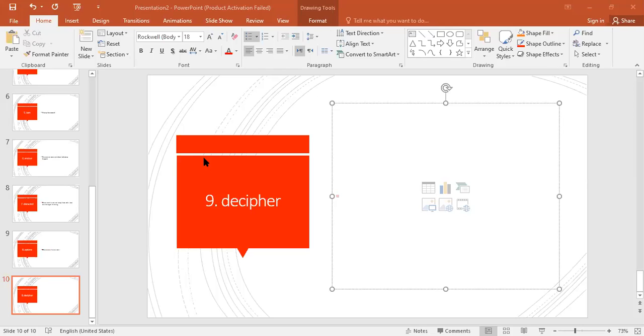All right, so what does decipher mean, Habiba? What does decipher mean, Habiba? Where did Habiba go? Maybe she lost connection. Habiba's not here anymore. Okay.